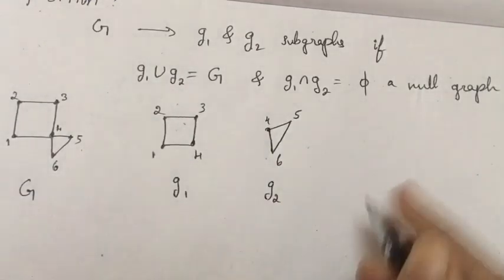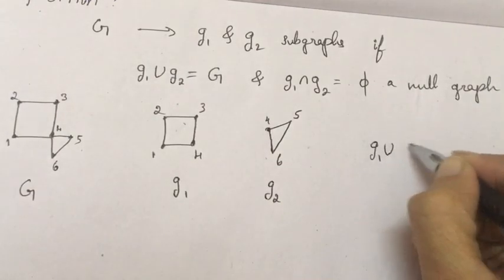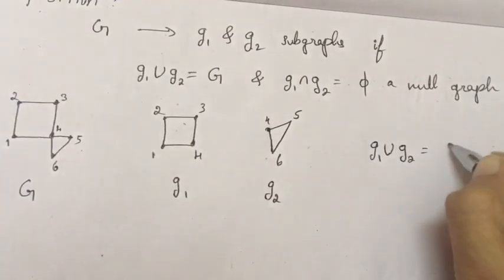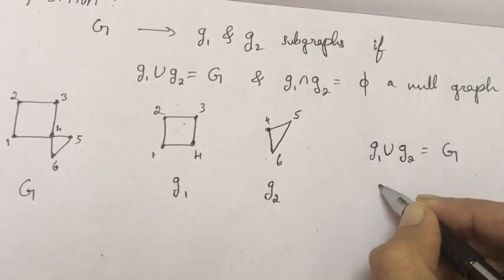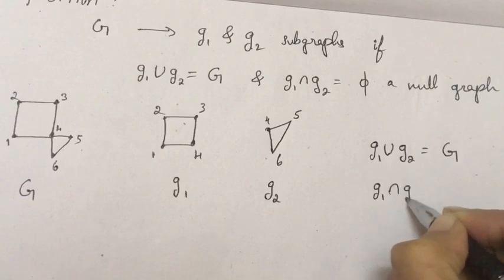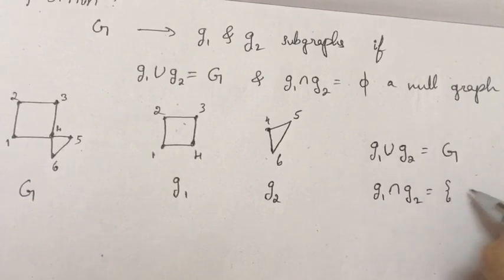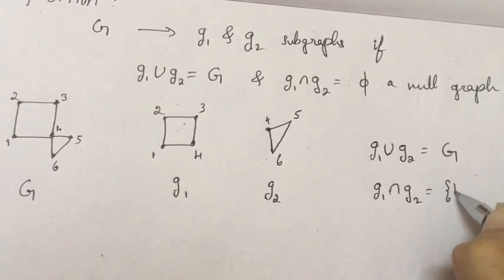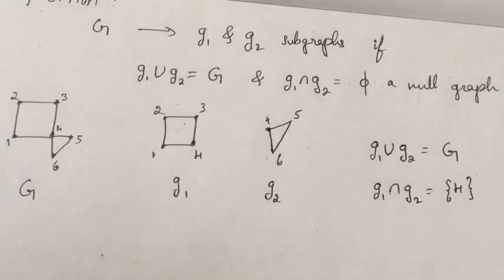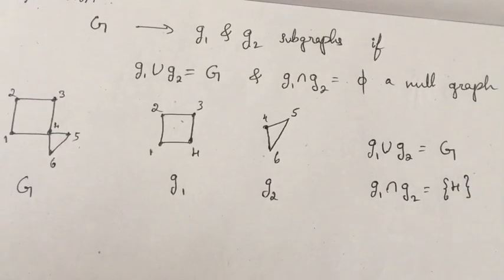It's a decomposition. So here G1 union G2 gives me G and G1 intersection G2 gives me just vertex 4, which is an isolated vertex, therefore a null graph.